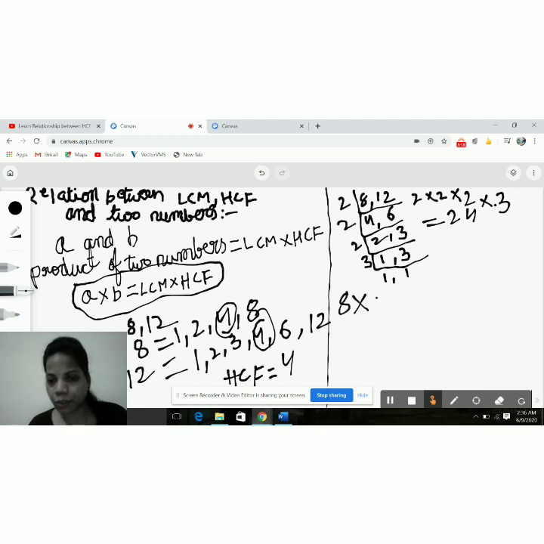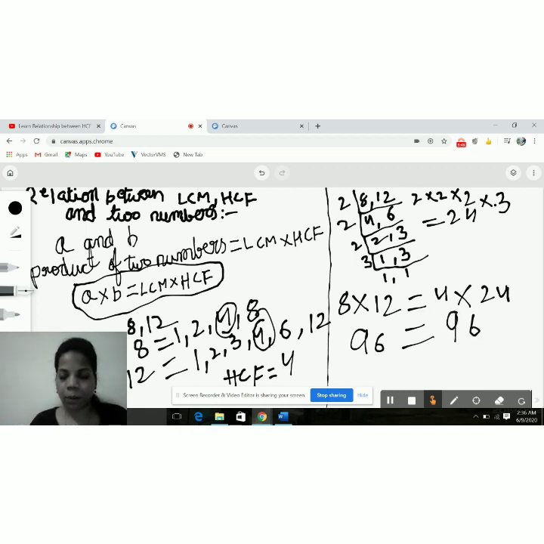That means 8 into 12 is equal to LCM 24 into HCF 4. 12 eights are 96. 24 into 4 is equal to 96. So we got LHS is equal to RHS. So this formula is correct.